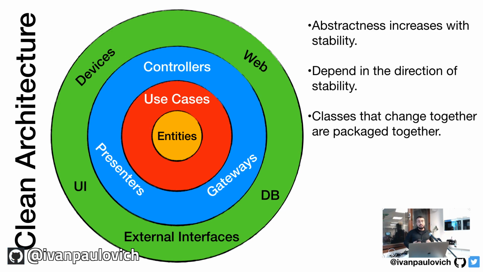More specific on the outer circles, more general on the inner circles. So the two rules of these principles are: abstractness increases with stability. The more stable, the more abstract, it should live in the inner circle of the clean architecture representation. More concrete, more specific on the outer side of the clean architecture representation. So these layers give you that.